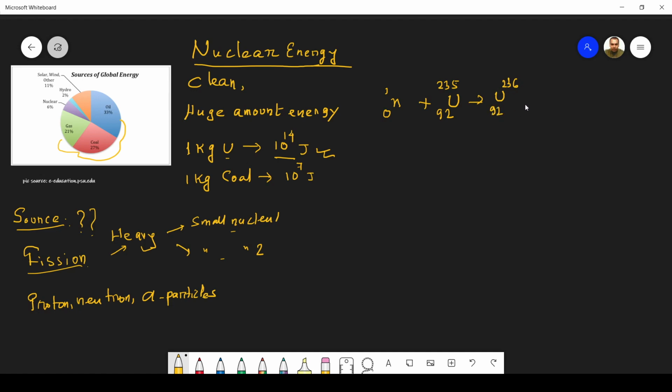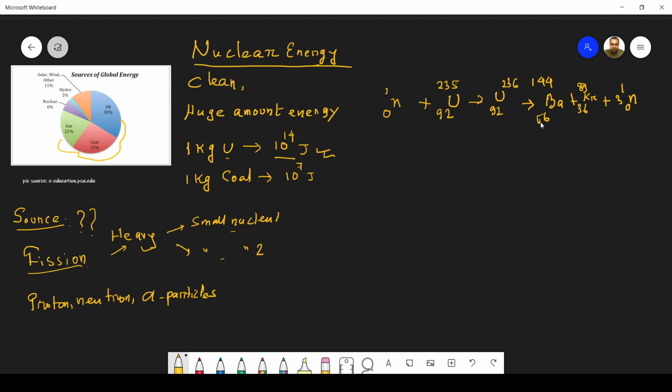Then the two constituents are generally barium 144, 56, plus krypton 89, 36, plus 3 neutrons. Some products of this type we get.